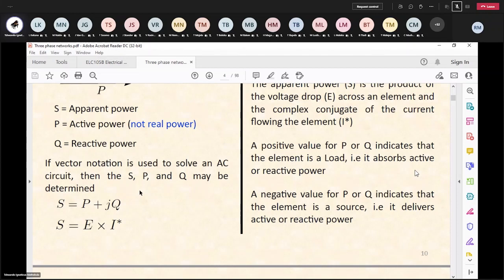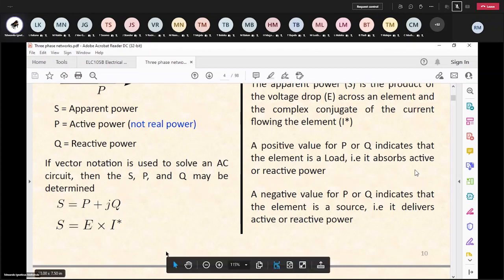And I've indicated to you that if, for an example, I've got P minus jQ, it doesn't mean that I don't have an inductive component in my circuit. It simply means that the capacitive component is greater than the inductive component. And the resultant reactive power then is negative. So I'm generating more reactive power than I'm absorbing. That's what it tells me.